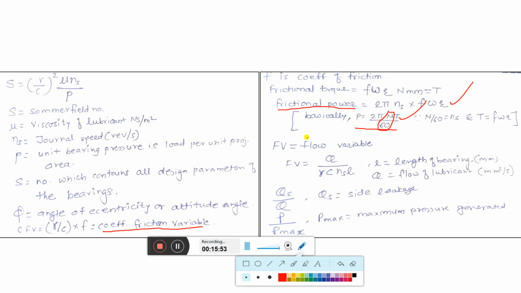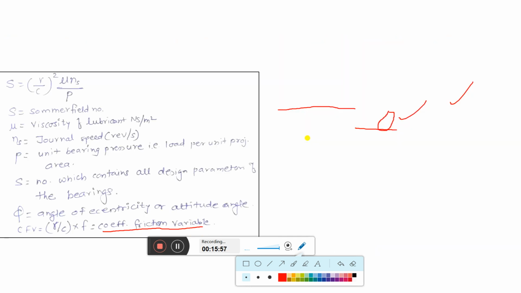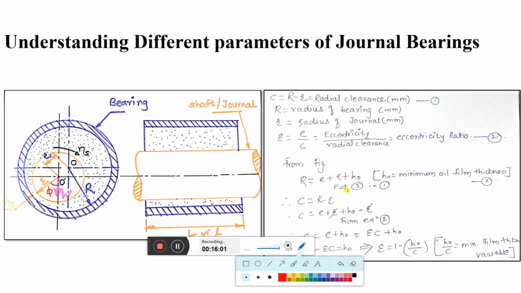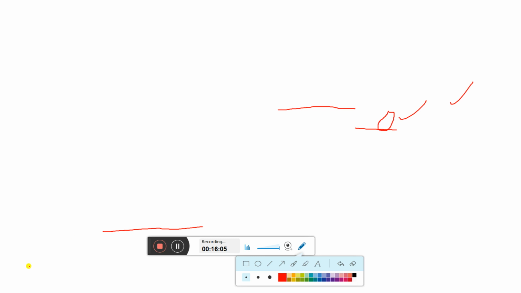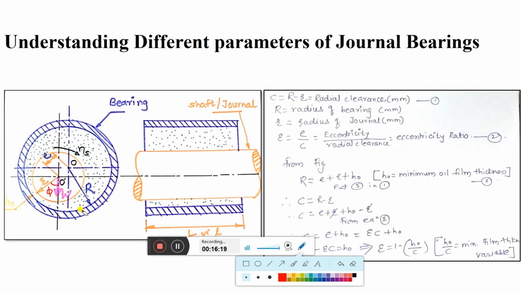So up till now we have seen some parameters. Let me erase these things. Yeah, so we have seen up to now some dimensionless parameters.